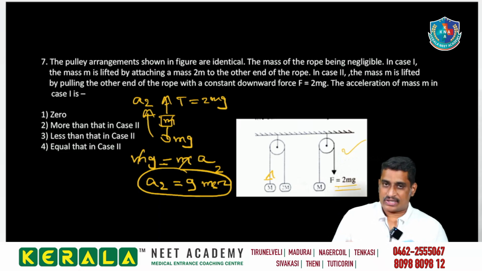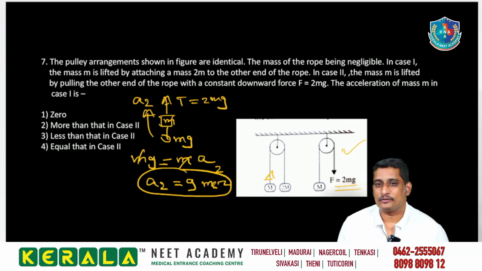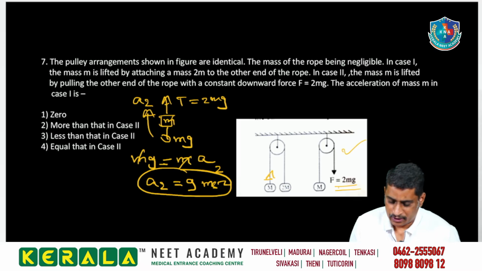Come to the first case. It is a simple pulley system. Without the knowledge of tension, directly by using one equation, you can calculate the acceleration of these blocks. Already in our portions, we have practiced. Acceleration of these blocks will be given by unbalanced force divided by total mass to be pulled.